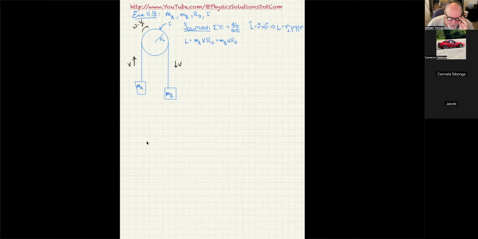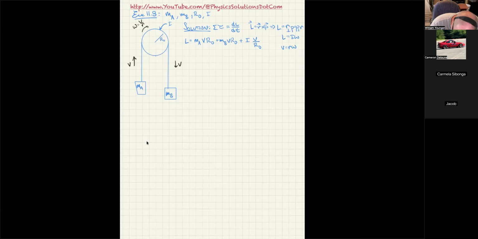And then we have the moment of inertia of the actual pulley because that's part of the system too. So that angular momentum L equals I times omega. That's going to give us I times omega, but since v equals r omega, omega is v over r0.